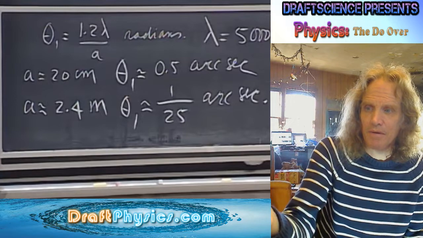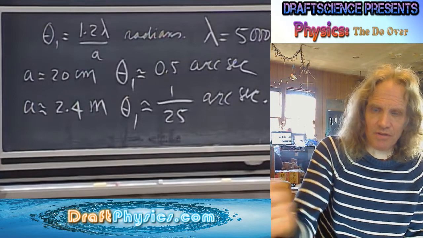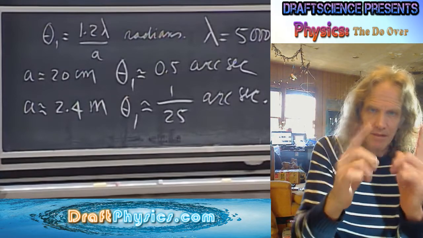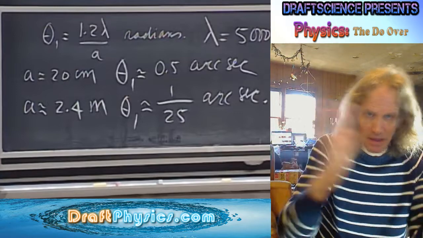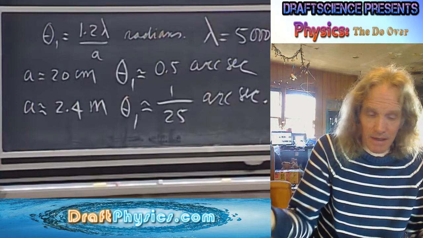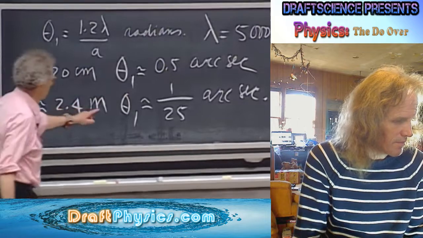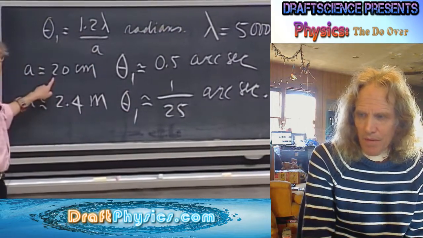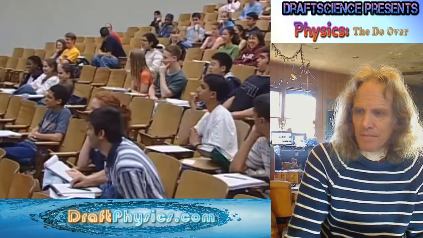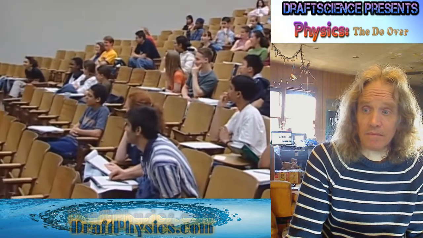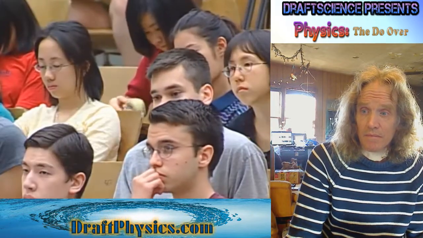Even with a big telescope, you're still screwed, because the movement of the objects you're looking at is so big that you can't get any finer. This angular resolution is 12 times better than this one, because A is 12 times larger. In both cases, and in what follows, I have ignored the factor 1.2.